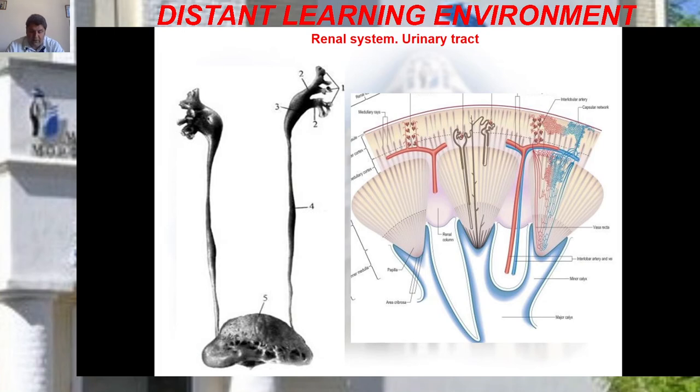The walls of the ureter, like the walls of the renal pelvis and the calyces, consist of three coats: an outer connective tissue coat, an inner mucous coat covered with transitional epithelium supplied with small mucous glands, and a middle muscular coat, tunica muscularis. The muscular coat is formed of two layers, an inner longitudinal and an outer circular layer.